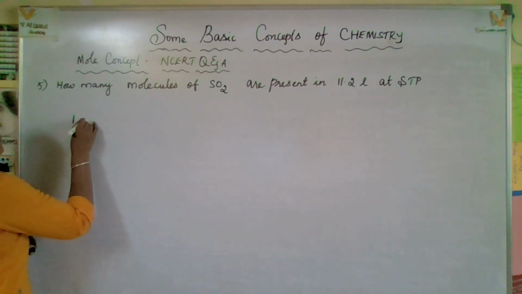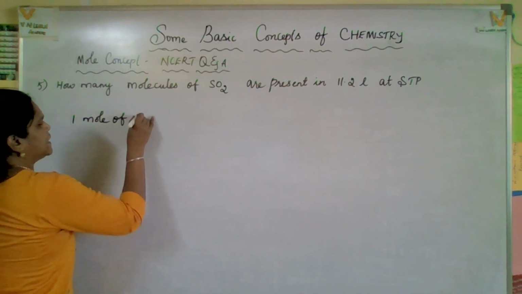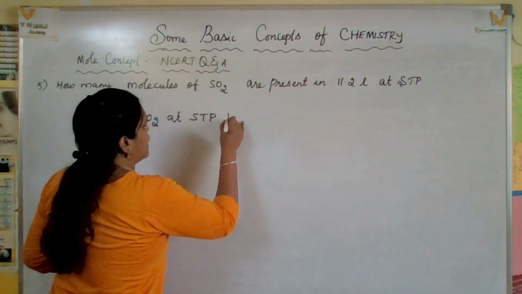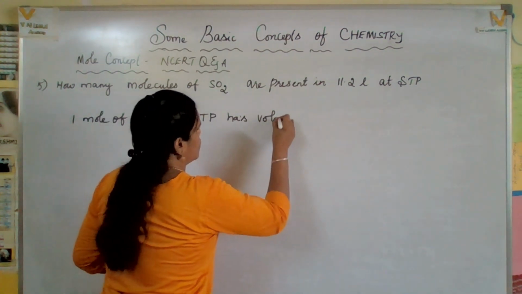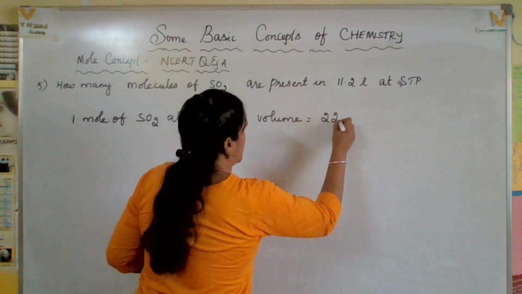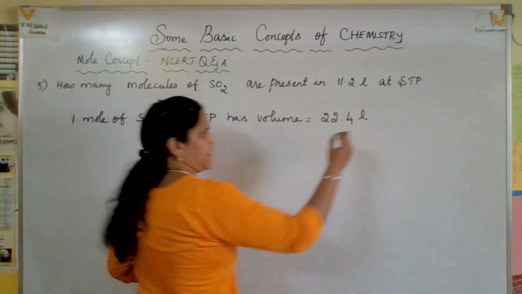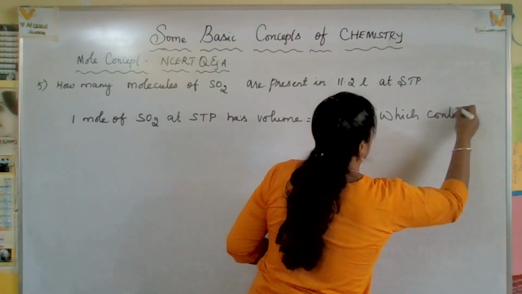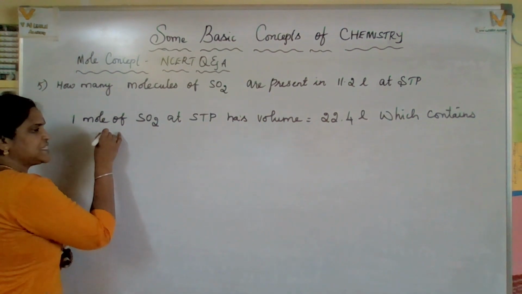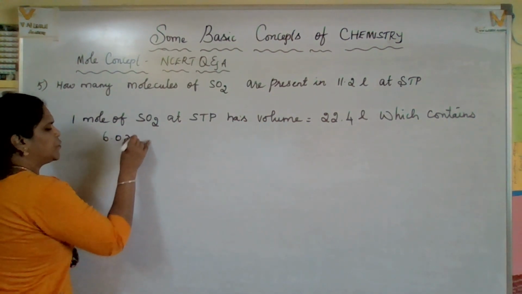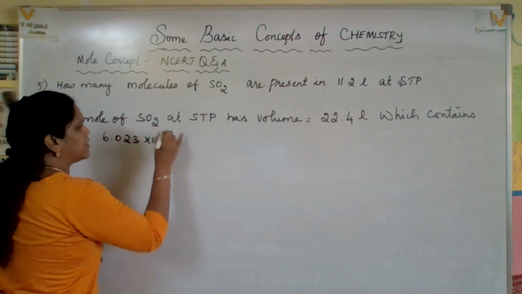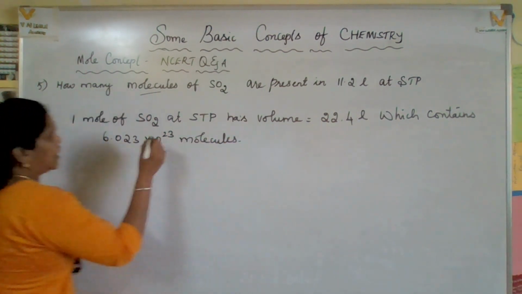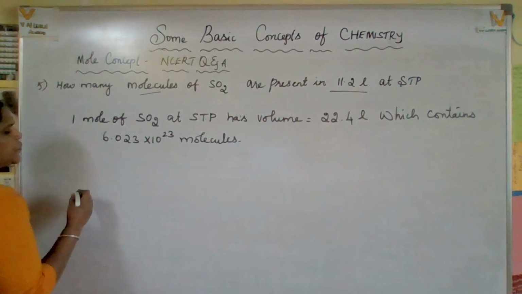So 1 mole of SO2 at STP has volume 22.4 liter, which contains 6.023 into 10 to the power of 23 molecules, that is the Avogadro number.